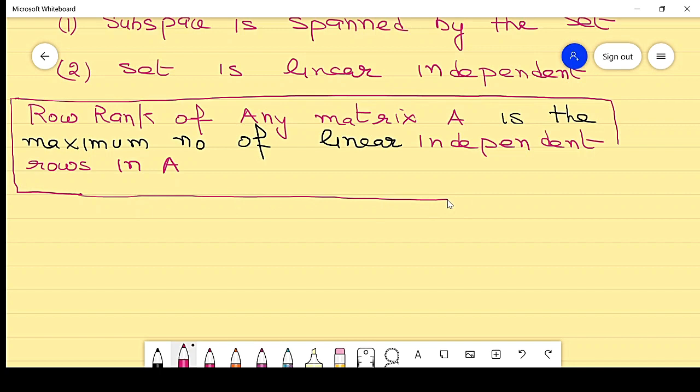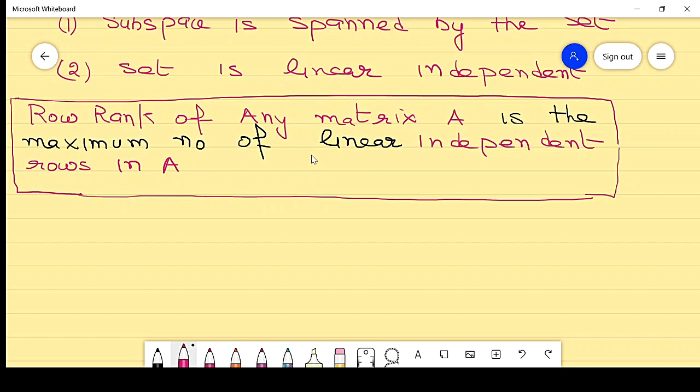If you did not learn vector space, subspace, then understand this definition. Row rank of any matrix is the maximum number of linear independent rows.